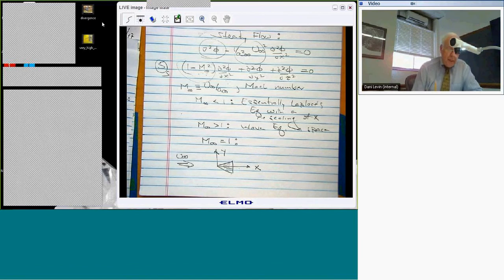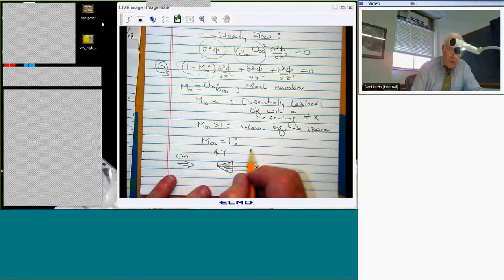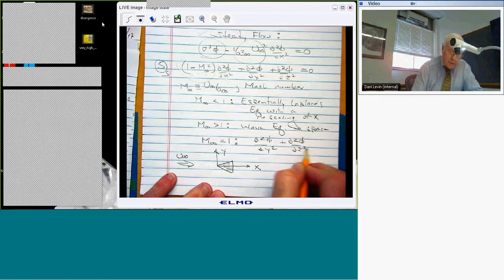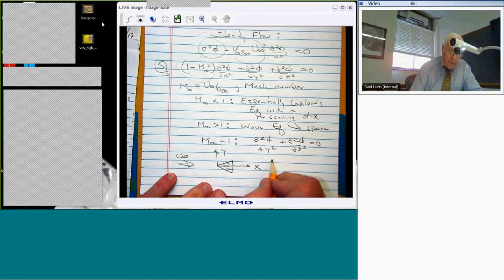And so at Mach 1, you have this. By the way, you still have, what else? You still have the same boundary condition, right? I won't bother writing it again. And you still have the same expression for perturbation pressure.